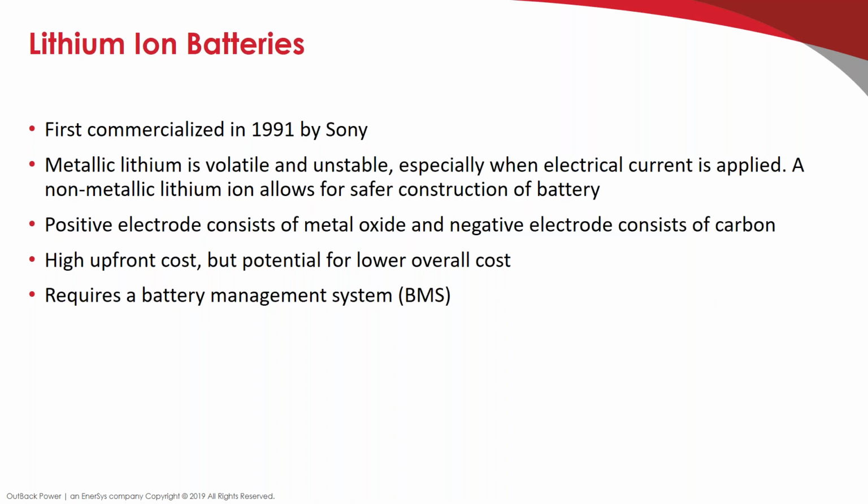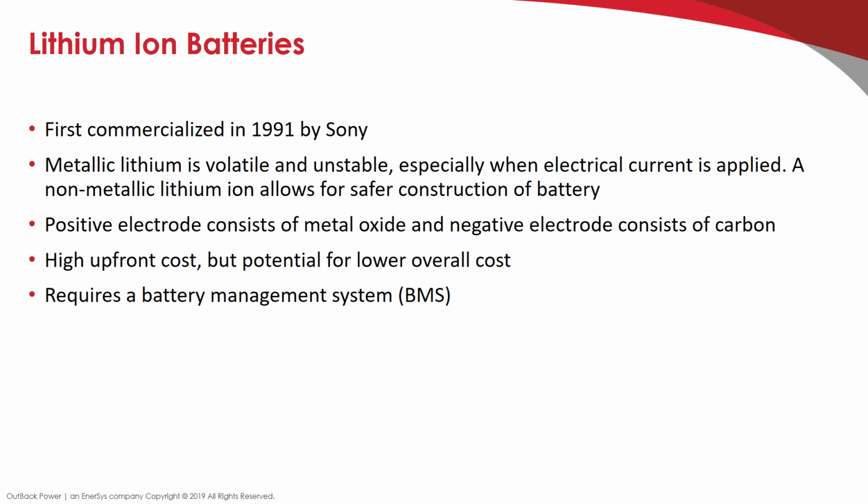Next, metallic lithium is pretty volatile and unstable, especially when electrical current is applied, so we can't use that for our batteries. That's why it's non-metallic lithium-ion, and that allows for safer construction of the battery. That's different from lead, since lead is basically everywhere and a pretty stable material. Then the positive electrode consists of metal oxide, and the negative electrode consists of some form of carbon.